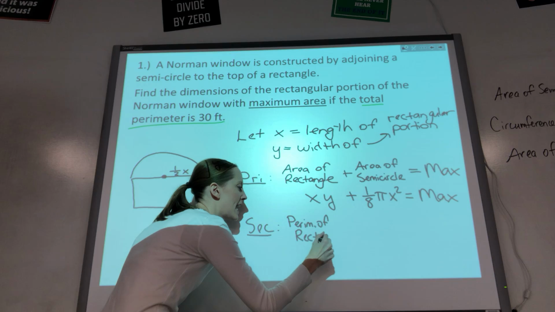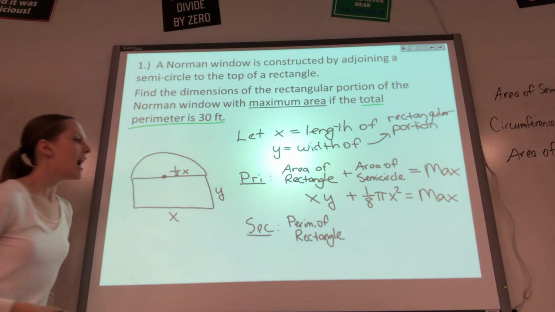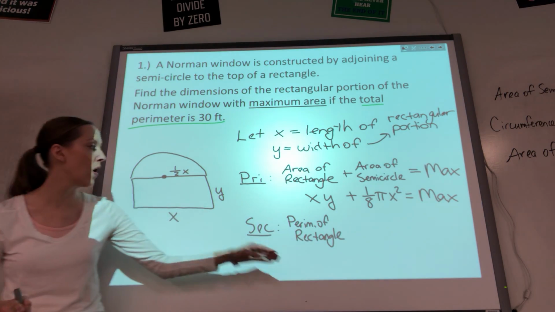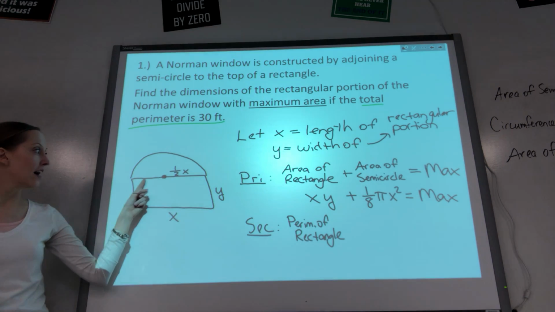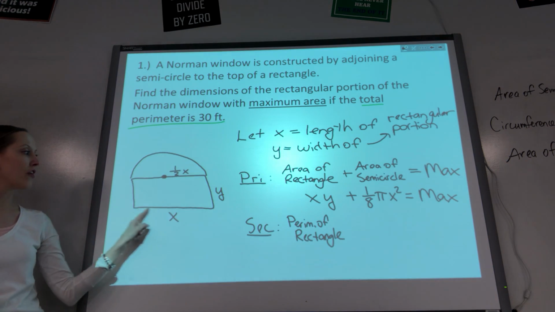We're going to have to take, and I have to be careful when I put this down, I'm saying perimeter of rectangle, although we're not going to include this side of the rectangle. Remember, we just want the distance around the whole thing.